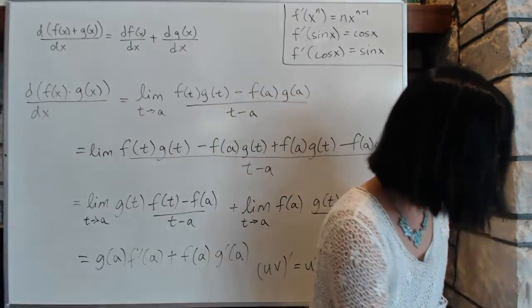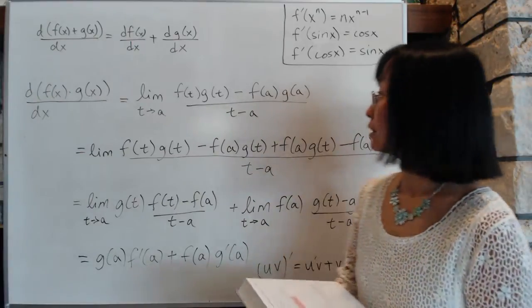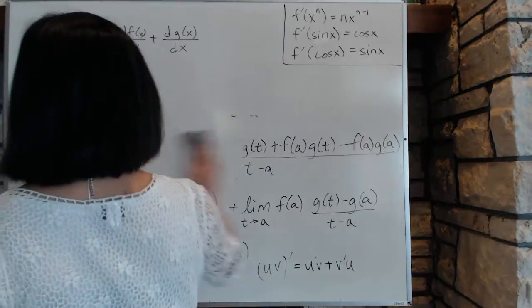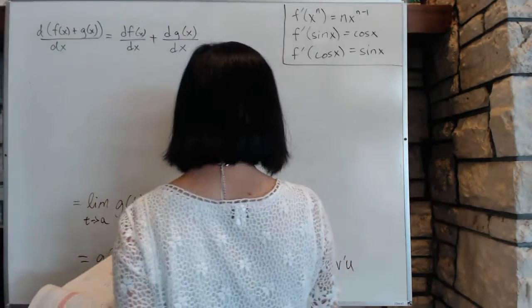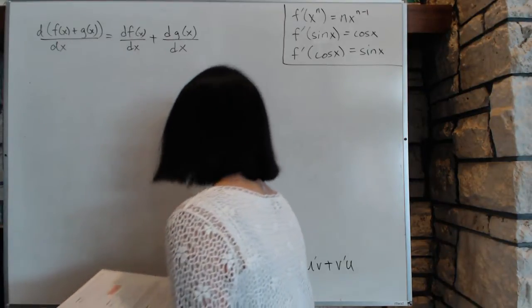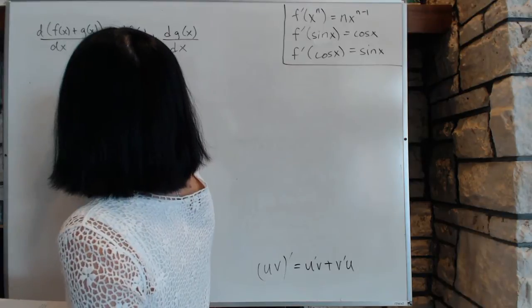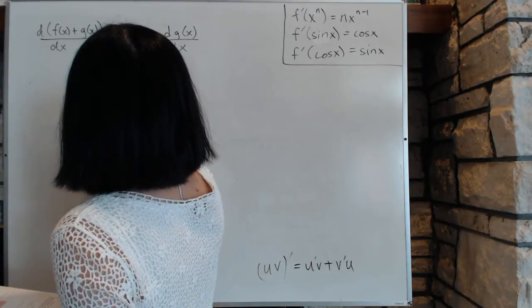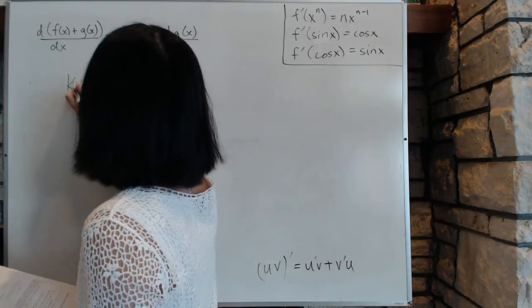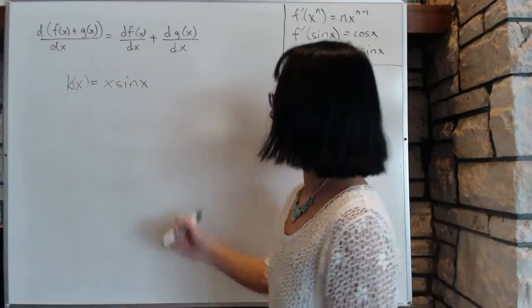Now, let's look at some simple examples. For example, let k of x equal x sine x. What is the derivative k prime of x? So k is a function that's simply x times sine x.